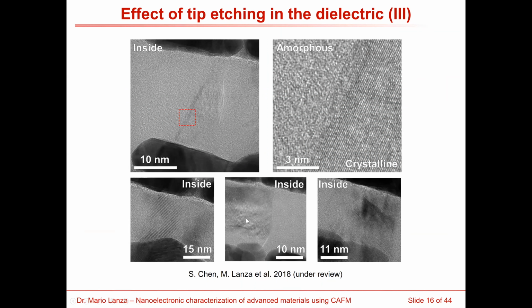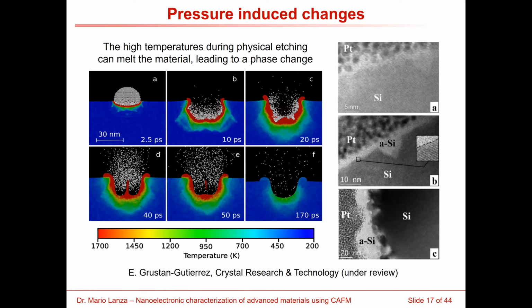We observe that they are related to phase change in this dielectric, and also in some cases even there is migration of metallic atoms from the electrodes inside the dielectric, because they acquire a lot of energy when we are applying high pressure with the CAFM. Actually, this has also been corroborated using theoretical simulations. These materials can change the phase based on the pressure.